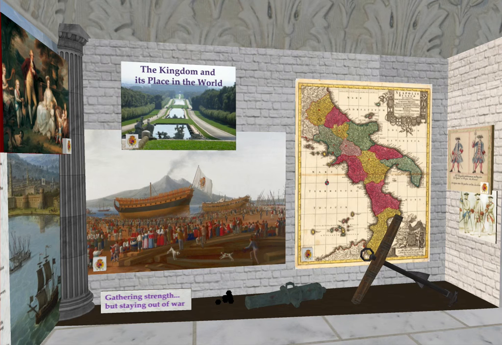You can see here a map which shows where Naples was located, which is right about here. And you can also see, next to the map, some military uniforms and some information about why Naples went through a bit of a renaissance of its own during this time period by not getting involved in European wars.